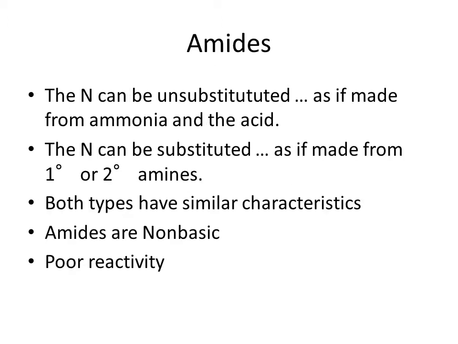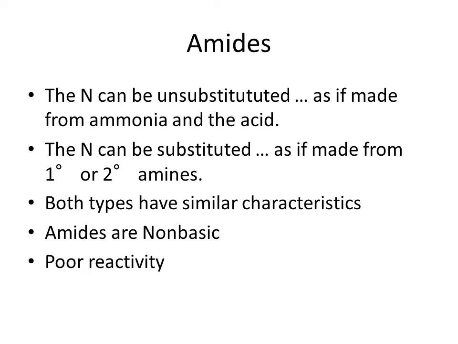The nitrogen can be unsubstituted, as if it were made from an acid and ammonia, or it can be monosubstituted, as if it were made from a primary amine and an acid, or it can be disubstituted, as if it was made from a secondary amine and an acid. All of those have similar characteristics. They are non-basic.